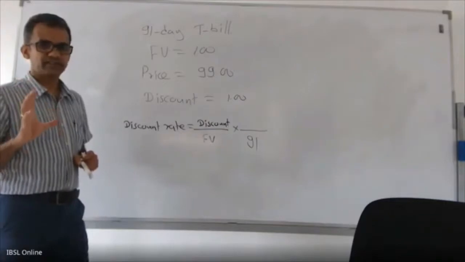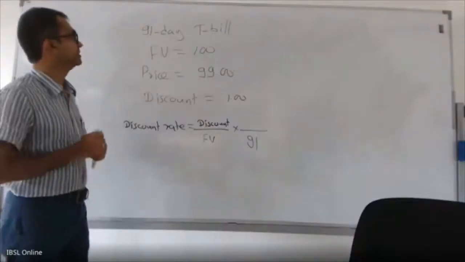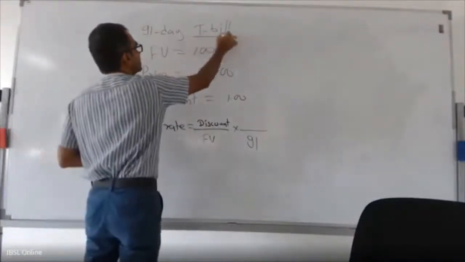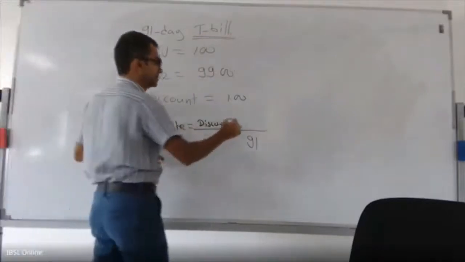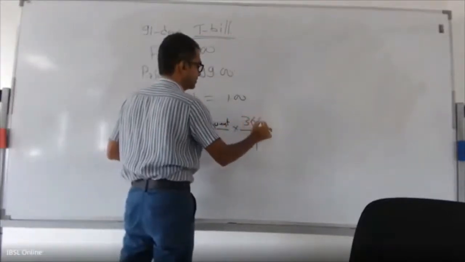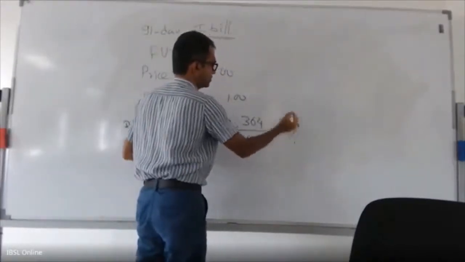How many days per year? 364. In this instance, since we are talking about treasury bills in Sri Lanka, that is 364. So to make it a percentage, you can put this.